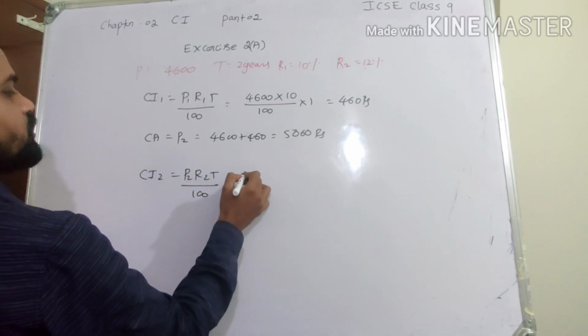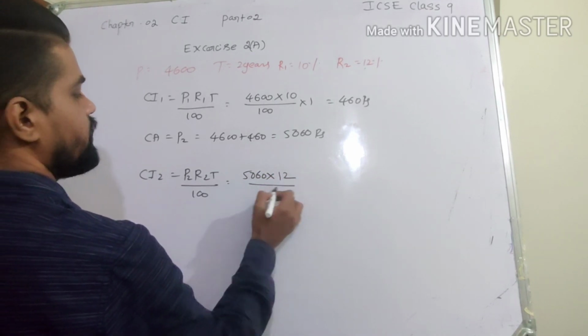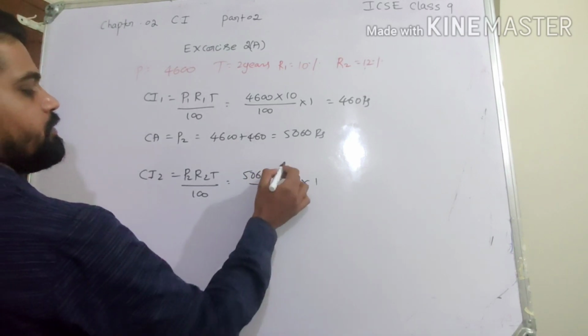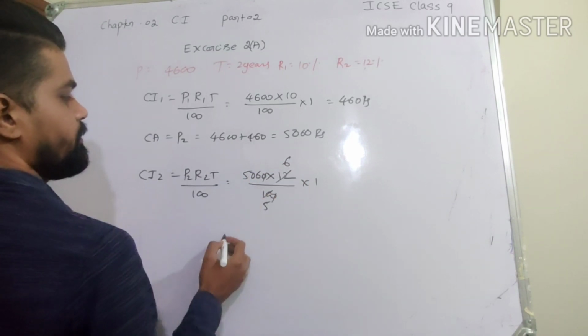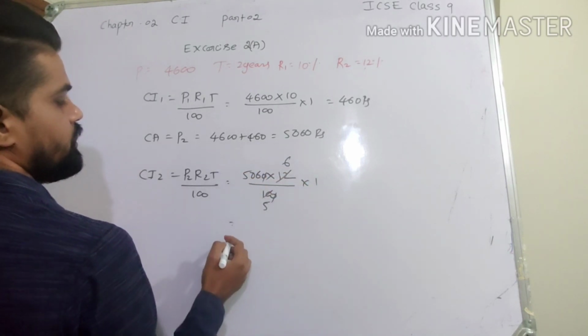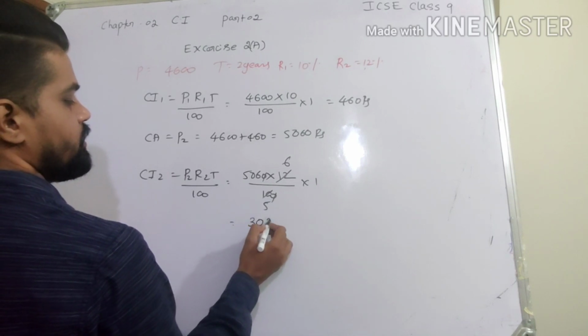So P2 is actually 5060 and R2 is actually 12%, 12 by 100 into 1. So 0, 0 cancels. 2 6s are, 2 5s are. So this will be 5 6s are 3000, 36 I guess.